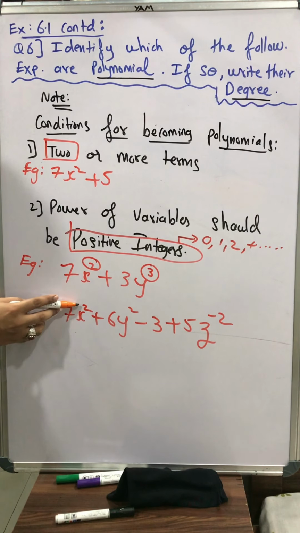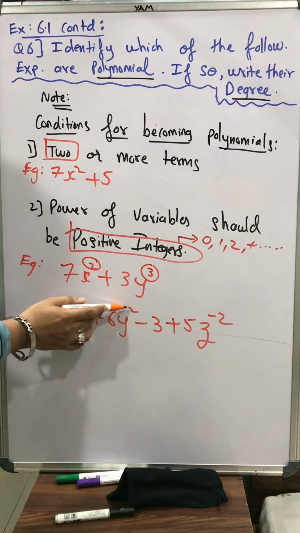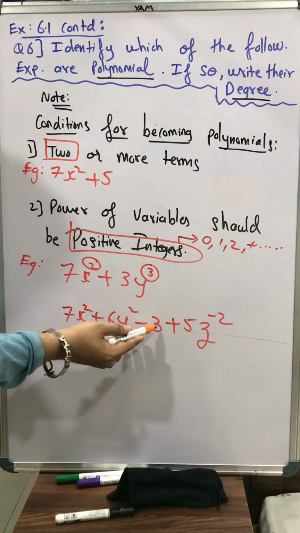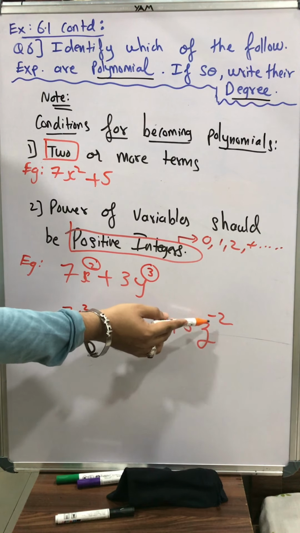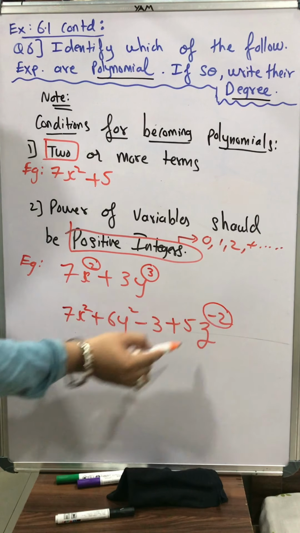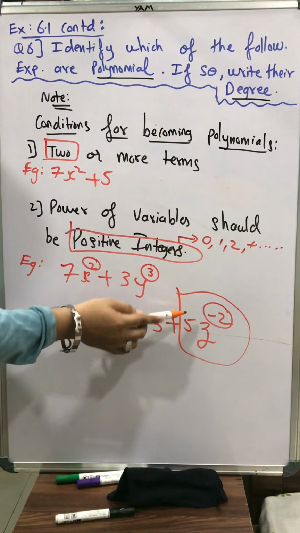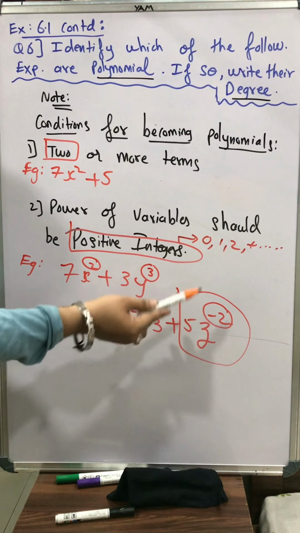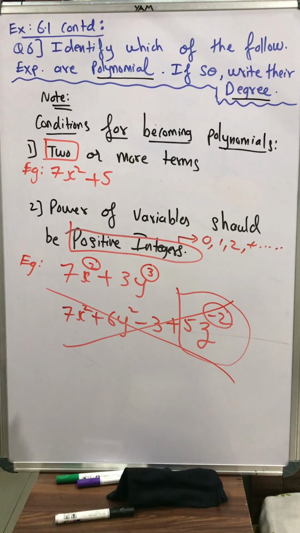The power is a positive integer. Here the variable y has power 2, a positive integer. It's minus 3. Here the power of this variable z is minus 2, a negative integer. Because of this term, in which the power of the variable is a negative integer, this is not a polynomial.